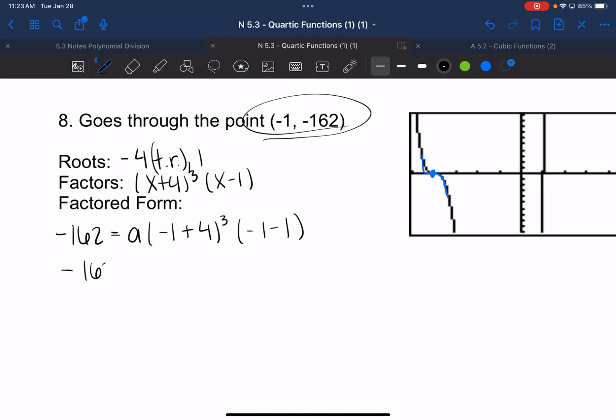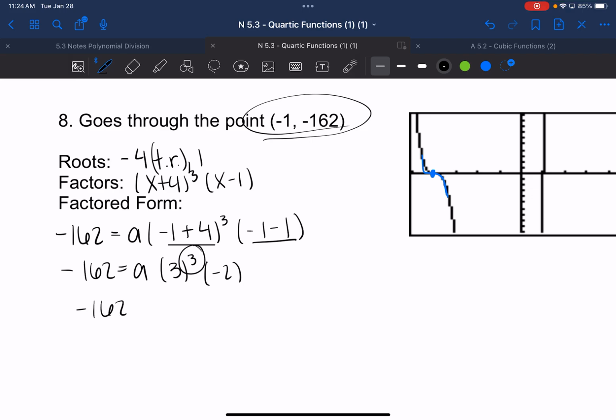So we have our -162 is equal to a times, in here, -1 plus 4 would be 3. And then in here, we would get -2. All right. So now what would I do next according to order of operations? The exponent, right. So what is 3 cubed?